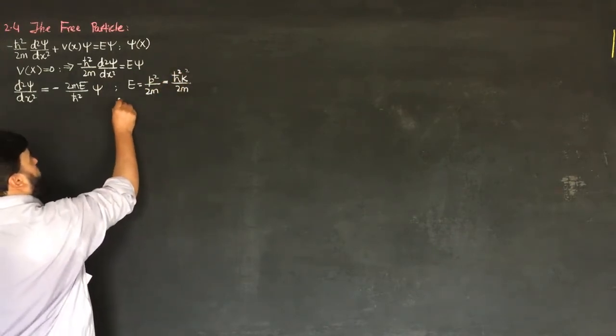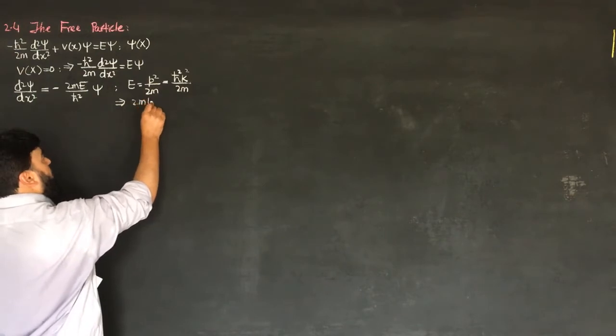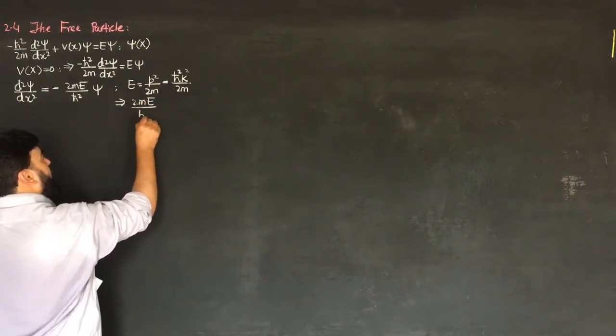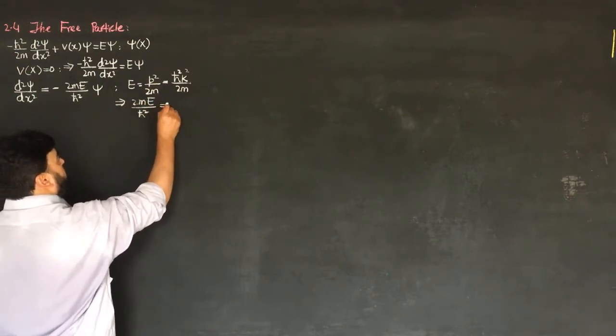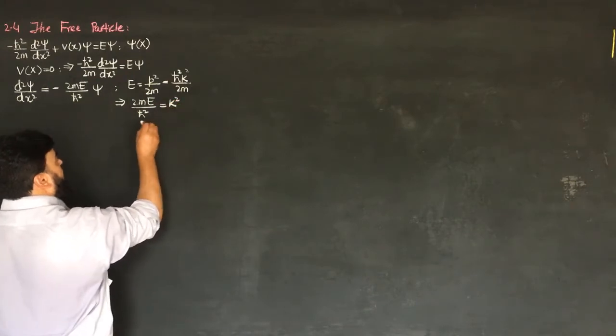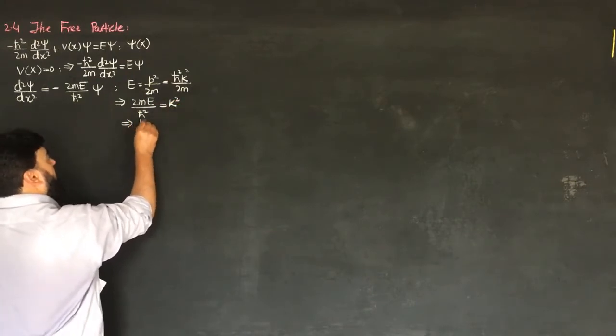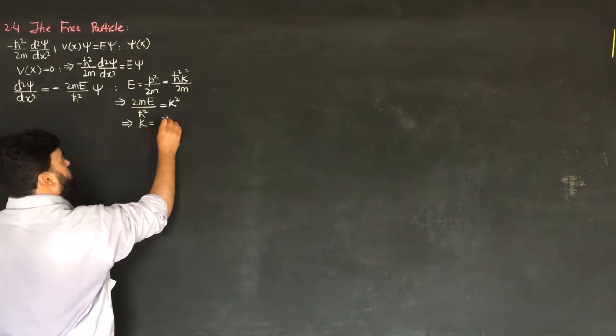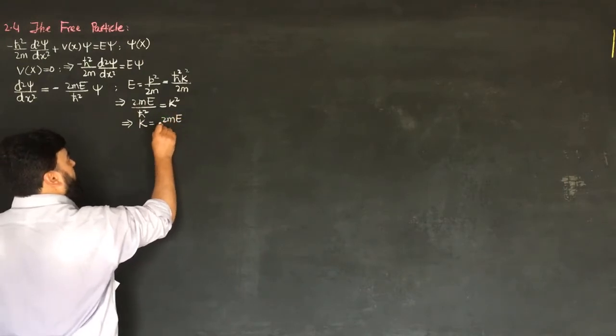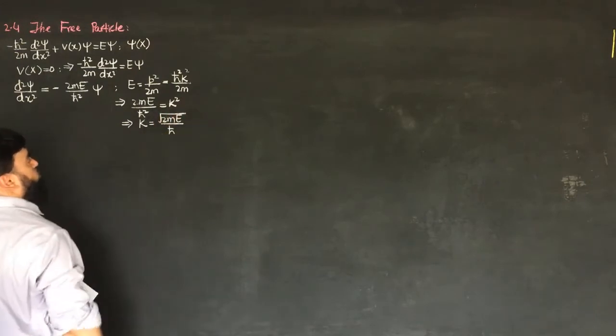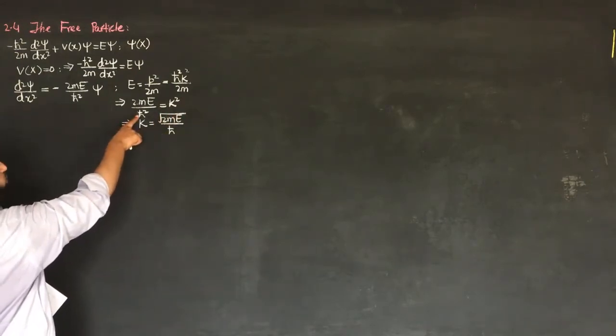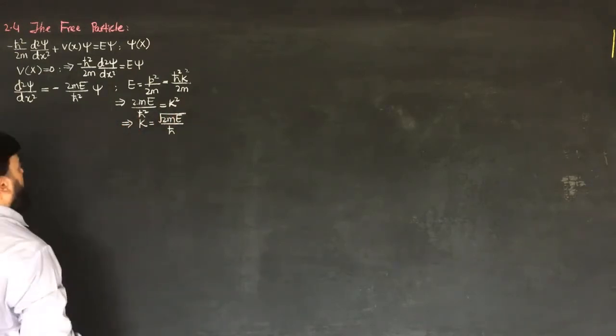If I multiply it this way, 2mE over h bar square is equal to k square, and from here I write k equals the square root of 2mE over h bar square, so that only h bar remains.